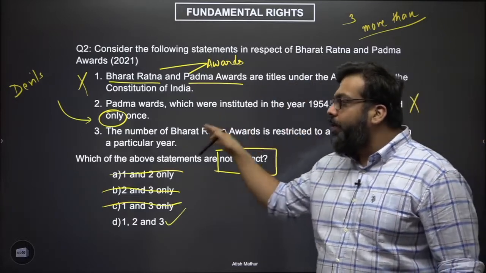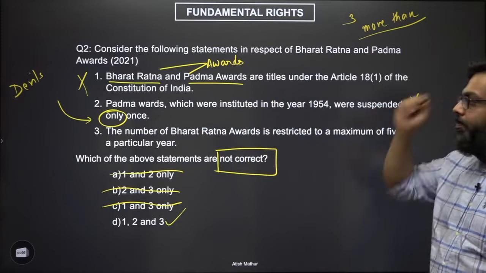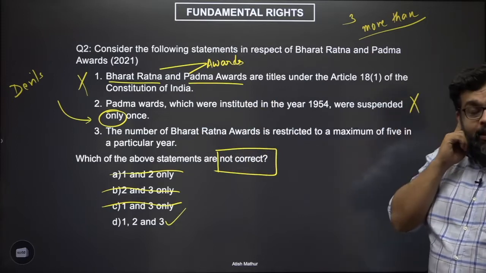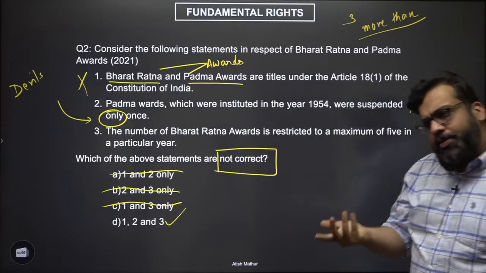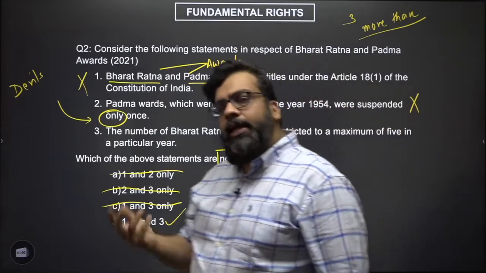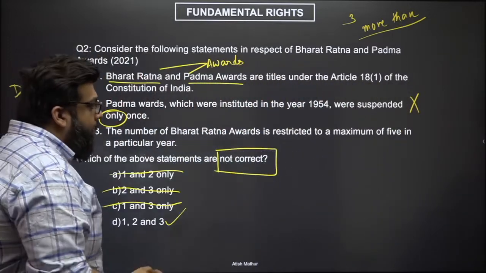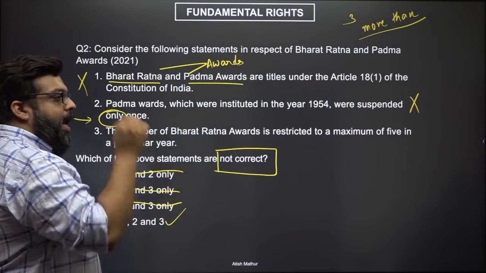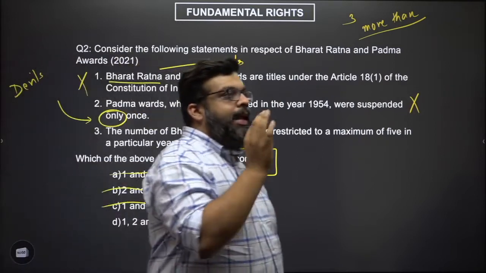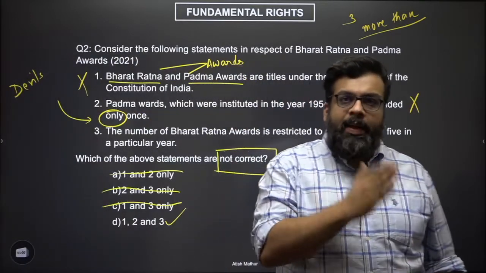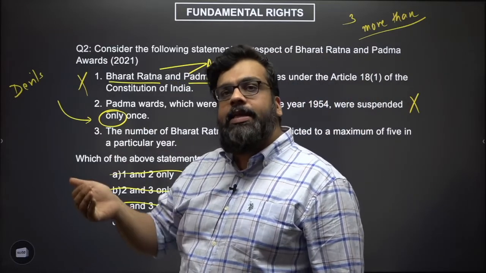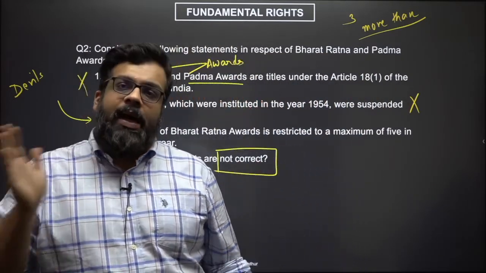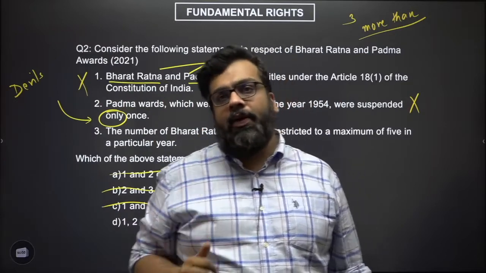So even if you are not sure that the number of Bharat Ratna awards is restricted to 5, it's actually 3, but it's okay. You are not supposed to know this. Think about it. The Bharat Ratna is the highest civilian honor in the country. If the Paramveer Chakra is the highest military honor in the country, the Bharat Ratna is the highest civilian honor.